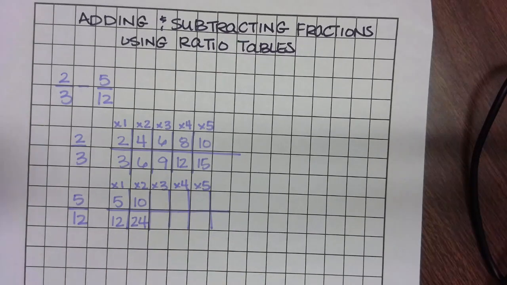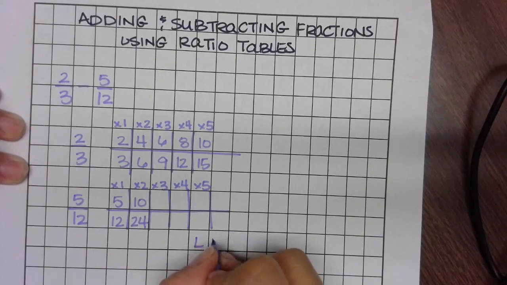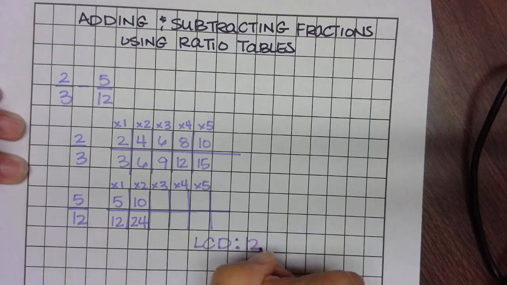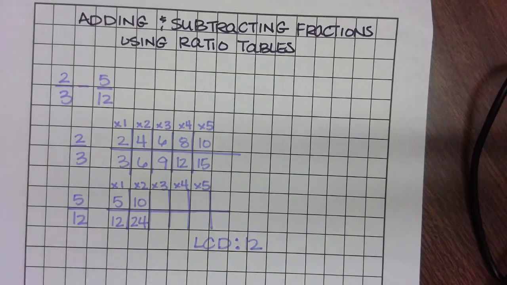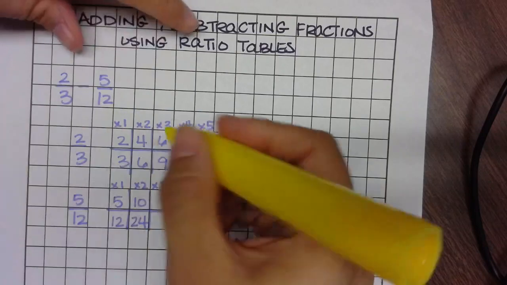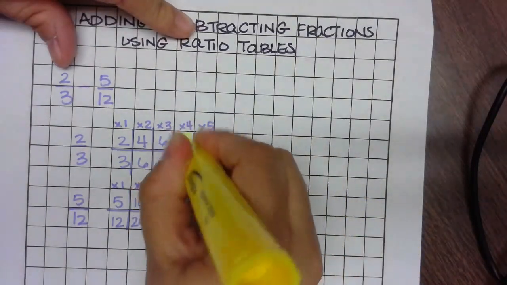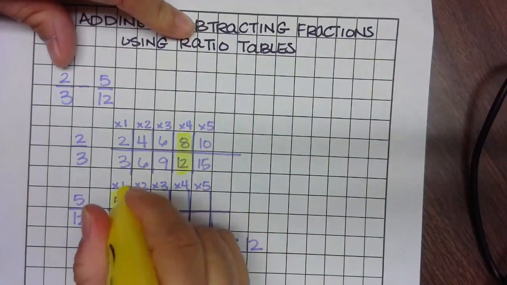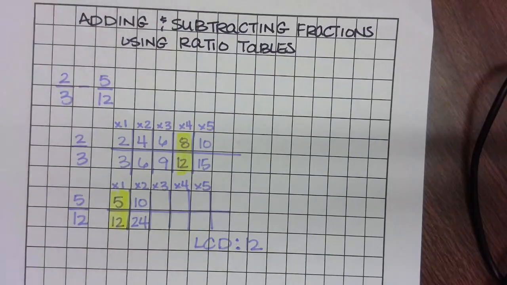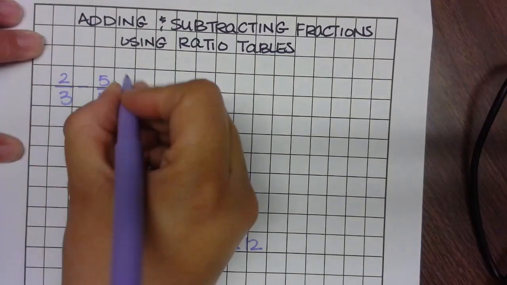I want to use the least common denominator, the LCD. And the LCD is 12. So that's the one I'm using. I'm using 8/12 and 5/12. Now, since I have a common denominator, I can actually subtract them.